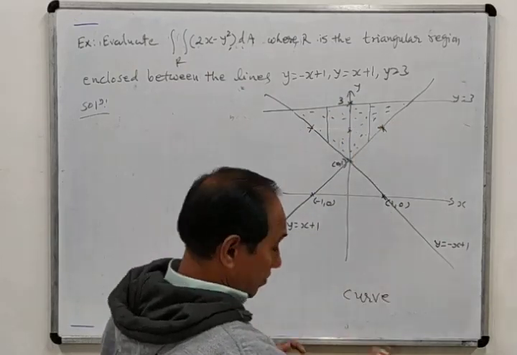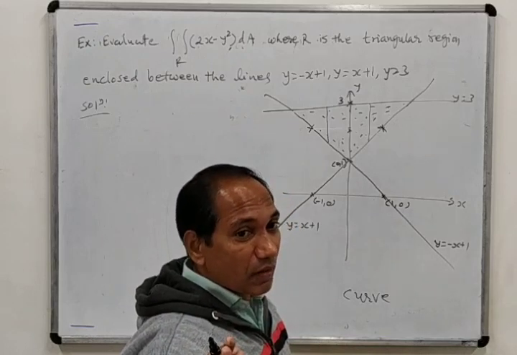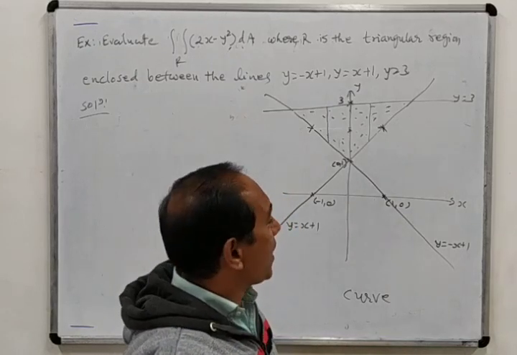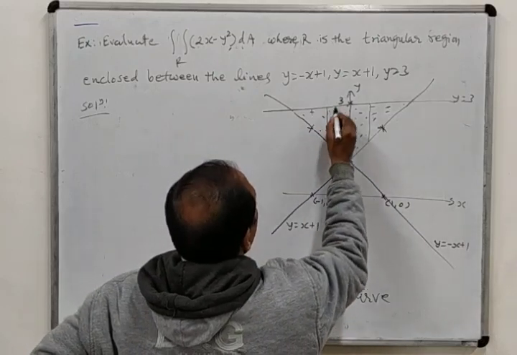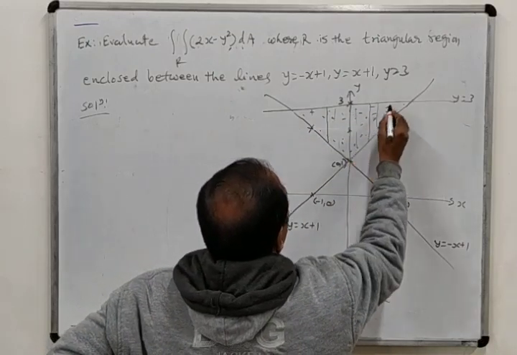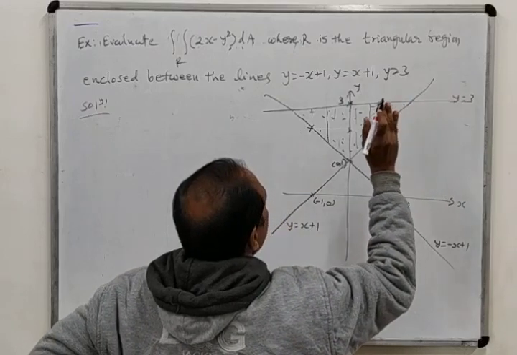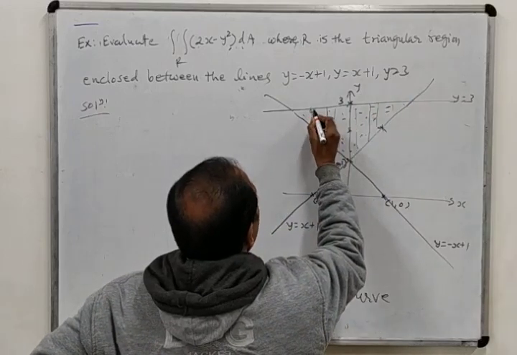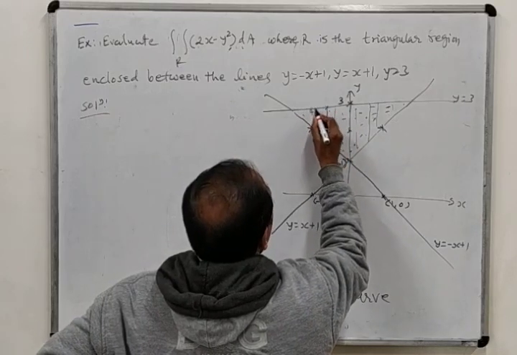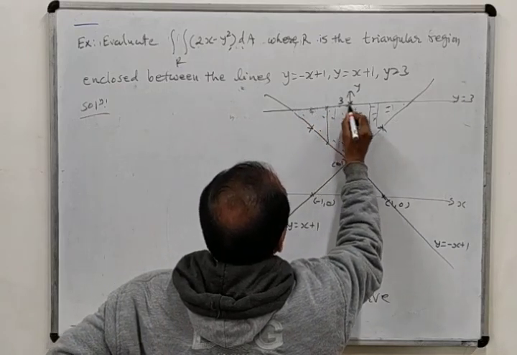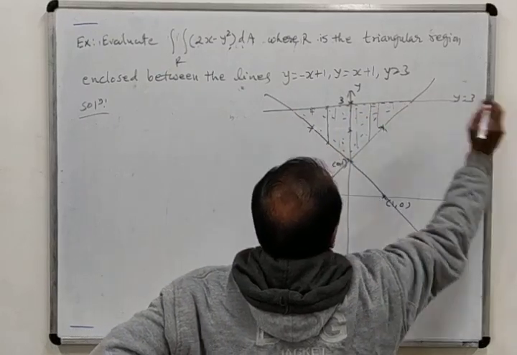But before drawing the straight line, you must see that within the region you are allowed to draw a straight line parallel to y-axis anywhere, but the end points, upper end point and lower end point, must be on the same curve. So you can see that this upper point is on the same curve, that means the same straight line.